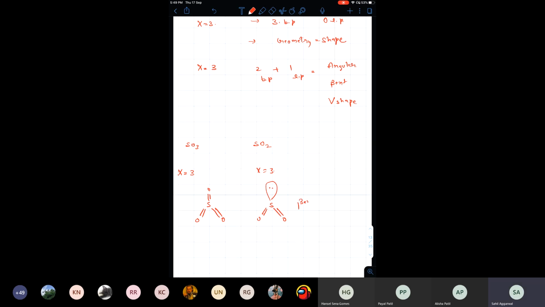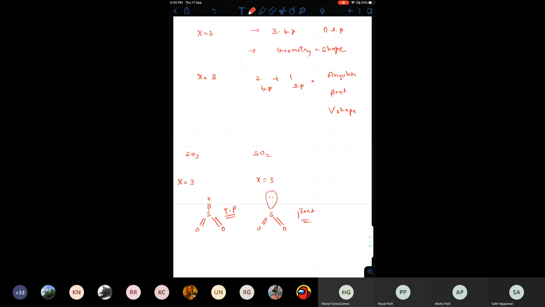So this becomes bent and this becomes trigonal planar. Understood? Any doubt in this?